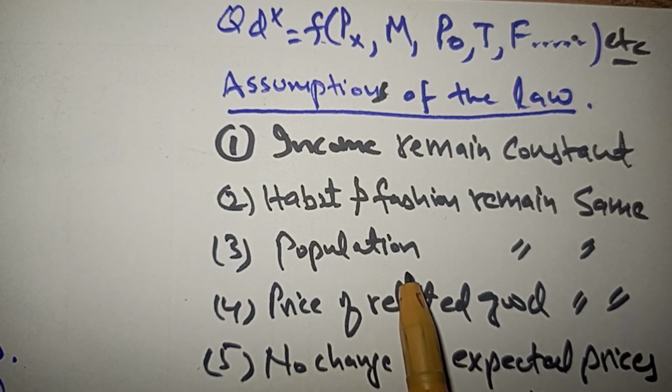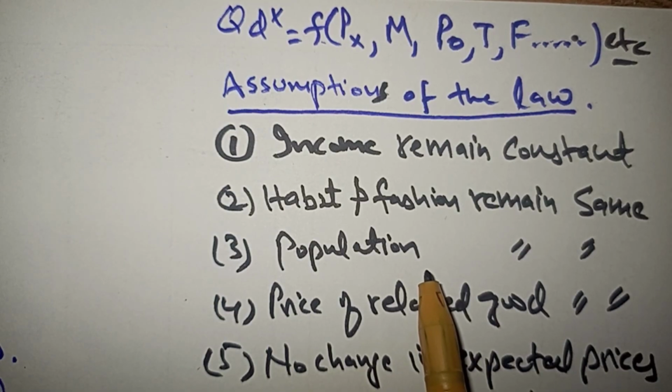For example, if there are 10 households in an area and their collective demand for sugar is 200 kg at a specific price of 150 rupees per kg. Now, if the number of households increases to 20, then ultimately the demand for sugar will increase to 500 or 600 kg at the same price of 150 rupees per kg.